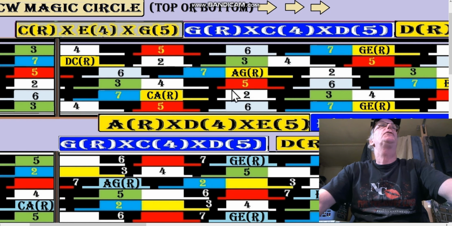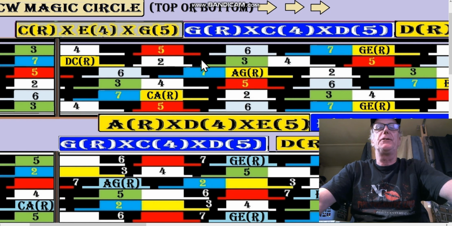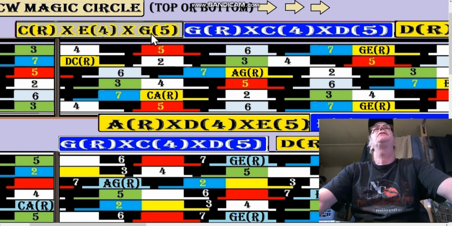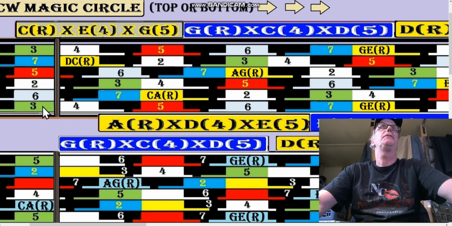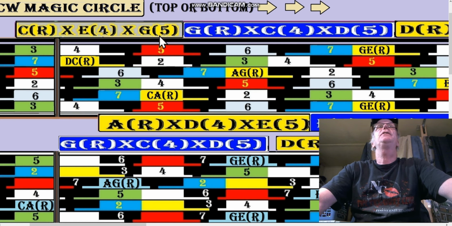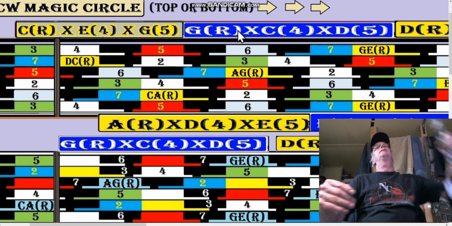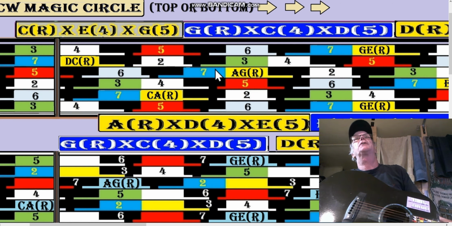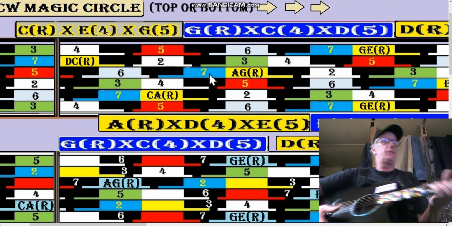So again, it's true, but I had to see why. The C tri-pentatonic box, which is just right here, 3 to 5, 5 to 3, is adjacent to the G box. But when you bar that G, you're barring on the 6th. But in the tri-pentatonic box, in the G, you include the 7.